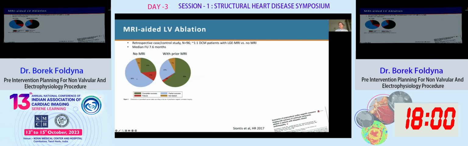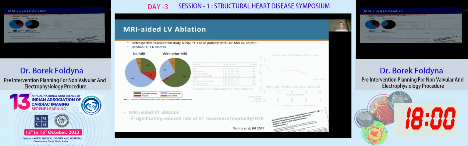So on the left side, we have a distribution of patients who underwent VT ablation, and we see that 2/3 of the patients had partial success, but there are also a large number of patients with failure, about 11%. And if we perform a prior MRI to guide the ablation, we see that the number of complete successes increases, and especially we have a significant decrease of failures.